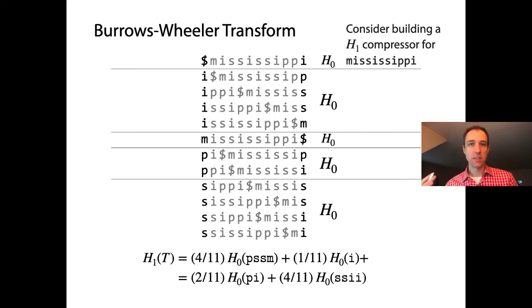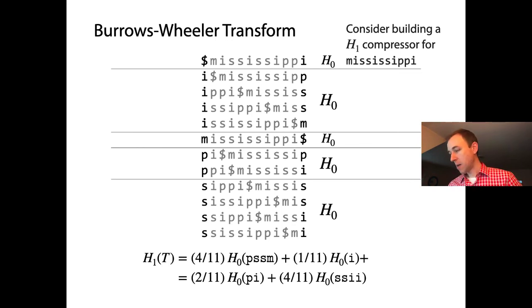And then, according to the definition of high order empirical entropy, what I'm getting at the end of the day is an H sub 1 encoding for T, which is nothing but this kind of weighted sum of the zero order encodings on the characters that have the same right context, right? It's exactly the same idea as before, it's just this time I achieved it by partitioning the Burrows-Wheeler matrix.